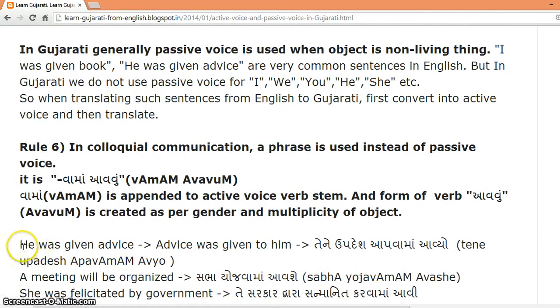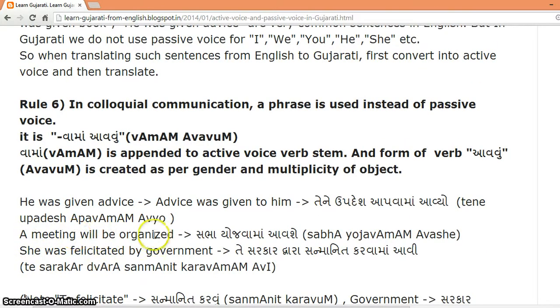For example, he was given advice can also be said as advice was given to him. Tene upadesh apavama avyo. So we added vama to word ap to make it apavama, and because upadesh is masculine singular, form of avavu is avyo.